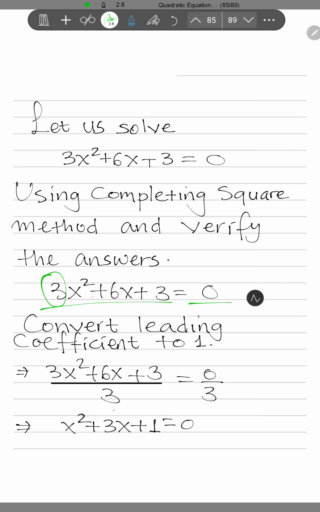There is something wrong here that needs to be corrected. 3x squared plus 6x plus 3, when we divide both sides by the leading coefficient, 3 by 3 is 1 here, 6 by 3 has to be 2 instead, and then 3 by 3 is 1 here, equal to 0 over 3, which is 0. Let's see what will happen.